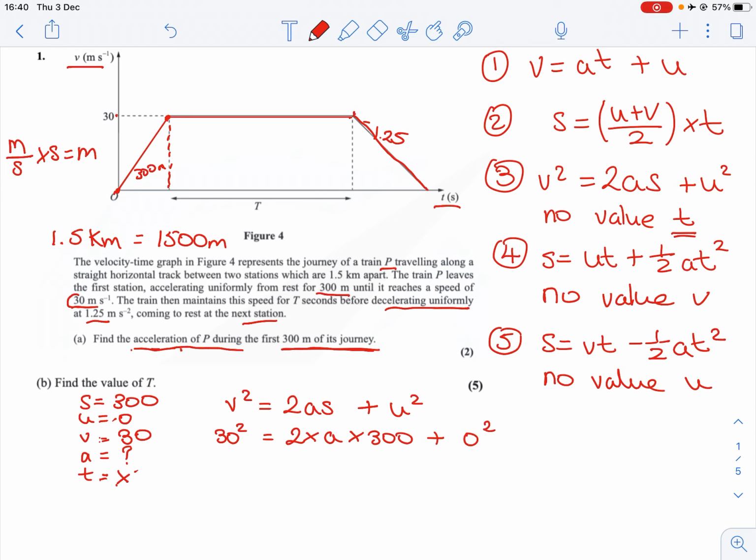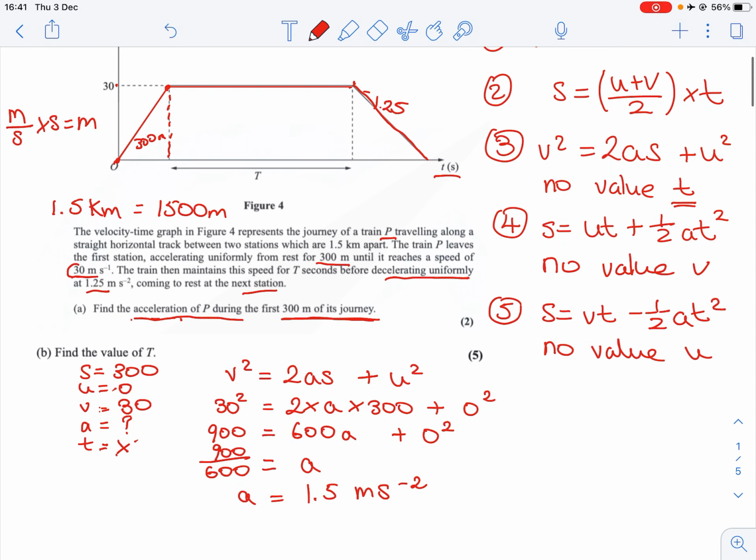So 30 squared is 900, equals 2 times 300 which is 600a, plus 0 squared. Then a equals 900 divided by 600, which simplifies to 1.5. So a is equal to 1.5 meters per second squared.